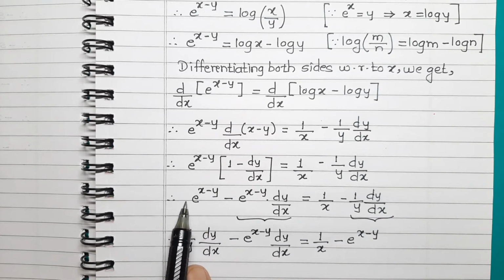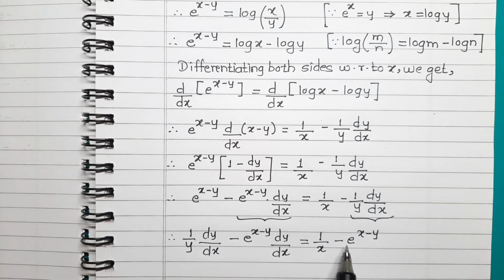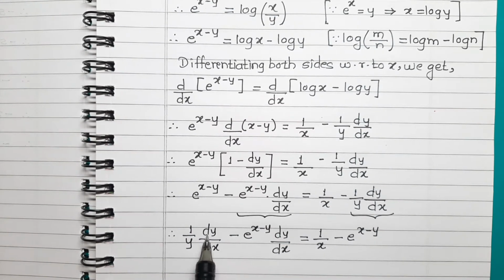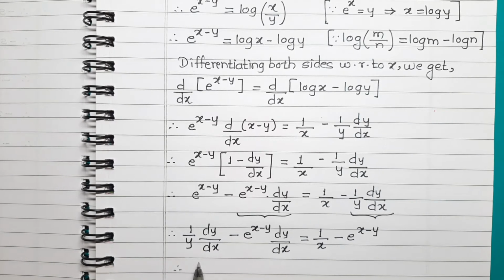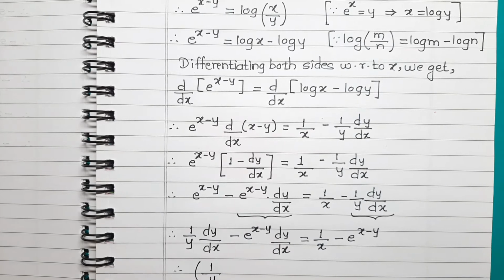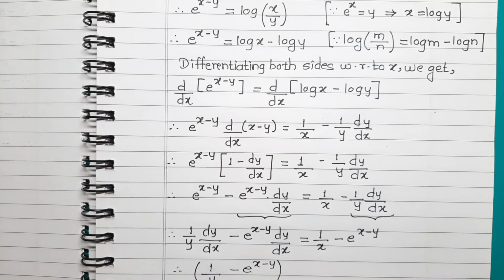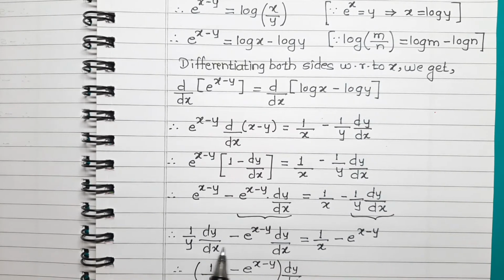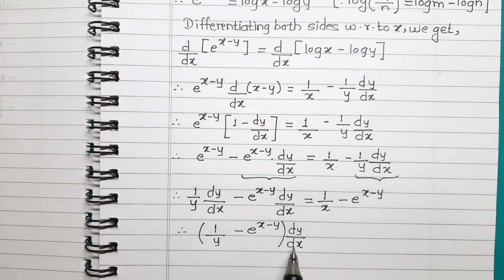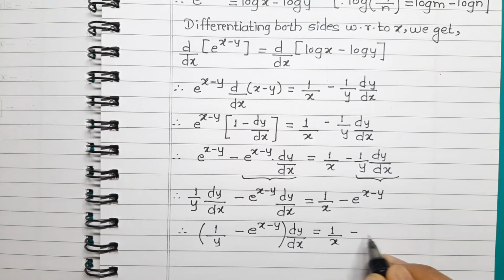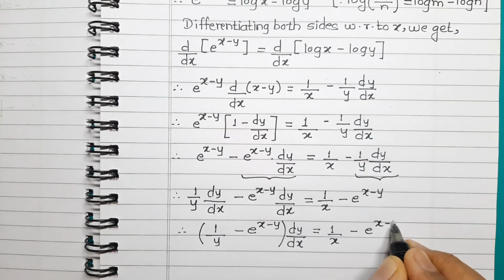On the LHS it is plus, on shifting to the RHS it will become minus. Now taking dy by dx common from both these terms, we get in the bracket 1 upon y minus e raised to x minus y, into dy by dx, since we have taken this dy by dx term common, and this is equal to 1 upon x minus e raised to x minus y.